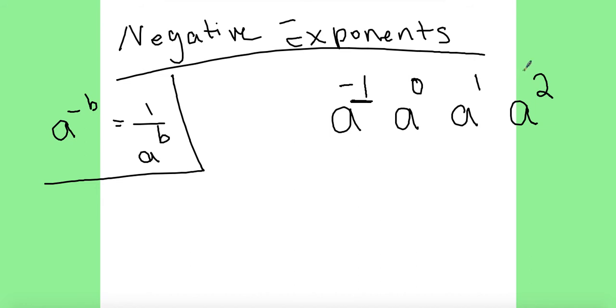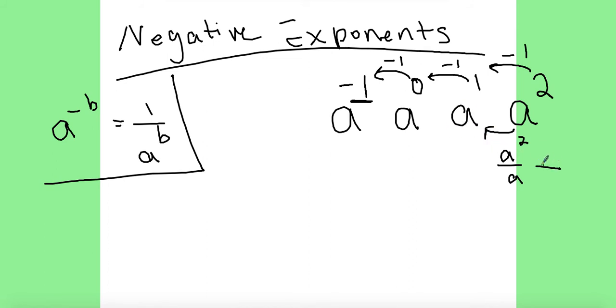Okay, so if I'm following the pattern of the exponents now, take away an exponent, take away an exponent, take away an exponent. So we can actually find out what a to the negative first is by following the pattern of the division. Okay, so I'm going to take a squared and divide it by a to get to this step.